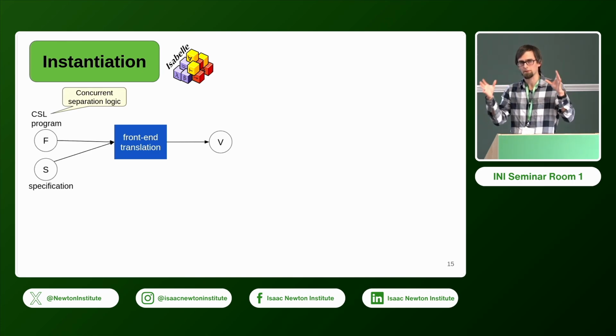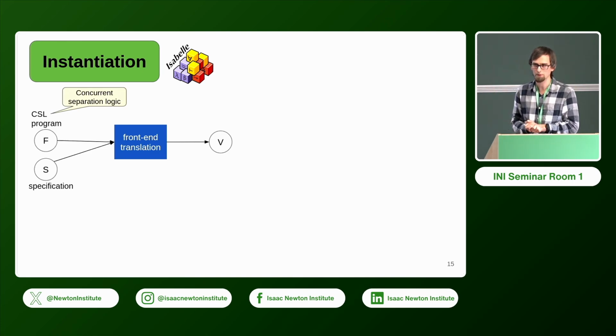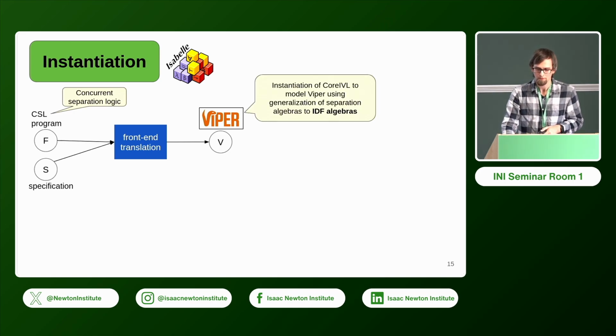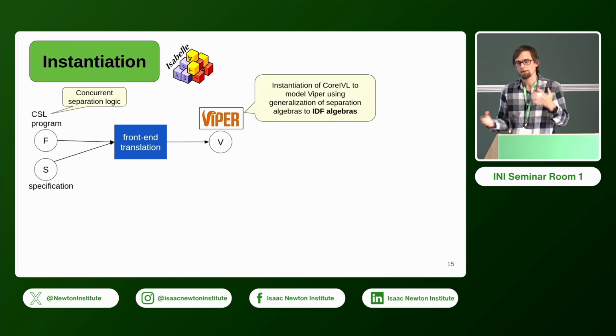I should also say all of this, both the framework and this instantiation, is done in the Isabelle proof assistant. We have then the front end translation to an instantiation of core IVL that models the Viper verifier. And here, as we briefly mentioned before, this leverages the fact that this is based on a generalization of separation algebras to what we call IDF algebras, which also allows us to model implicit dynamic frames.